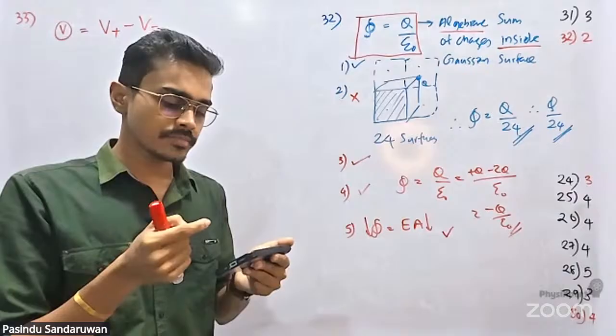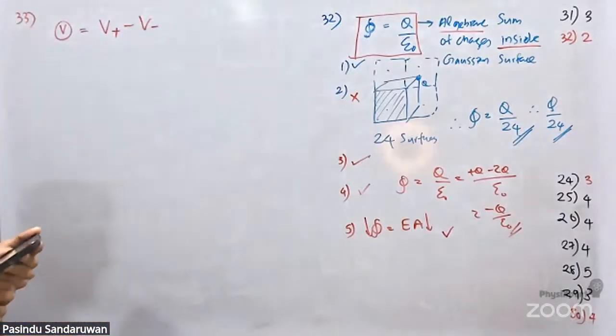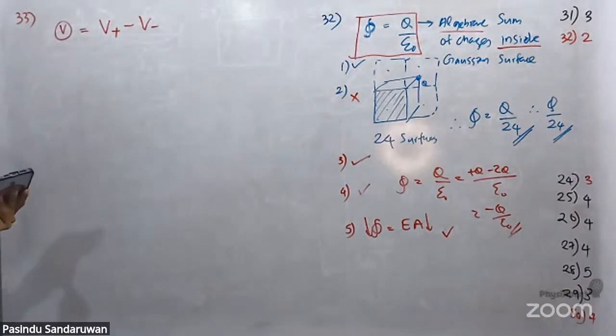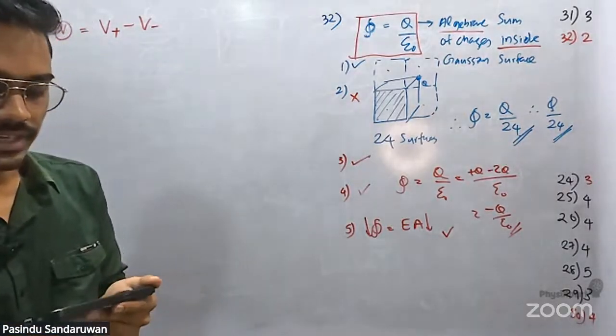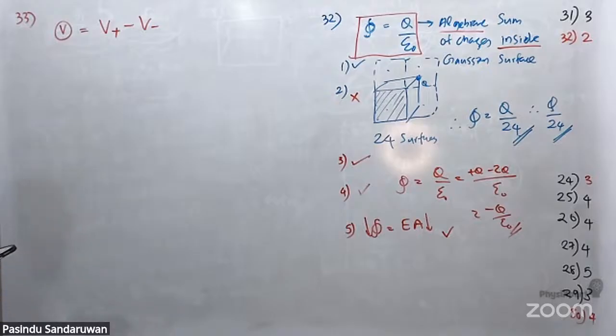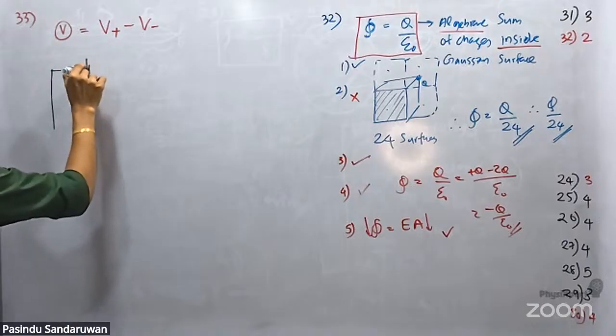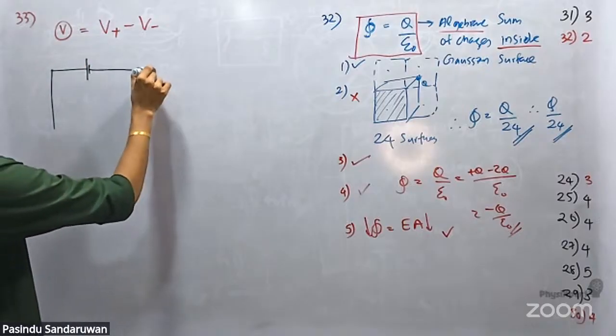Which means, if you need to check it out, this is what we do in current electricity. Very simple question. See, let me take it down. If you understood this, that will be very simple.